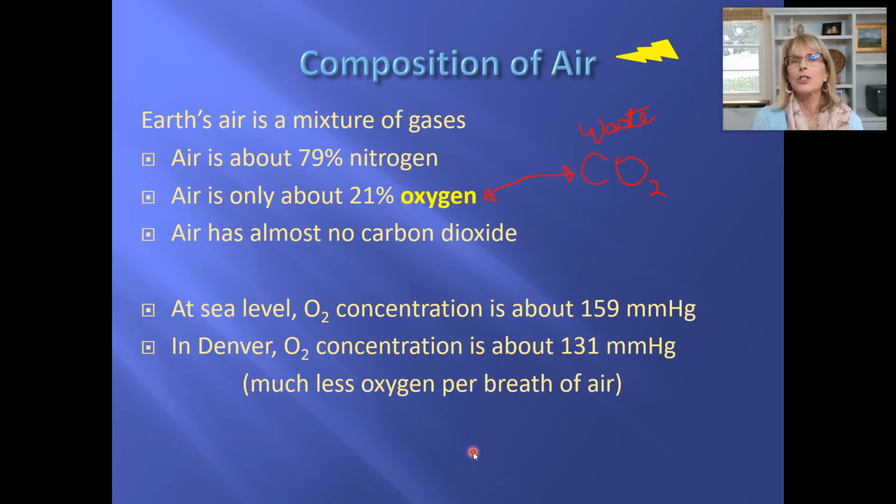So the more oxygen your body uses, the more carbon dioxide it makes. We inhale oxygen. Oxygen goes from the outside air to all of our cells, and oxygen doesn't come back out. What comes back out is this stuff, CO2.